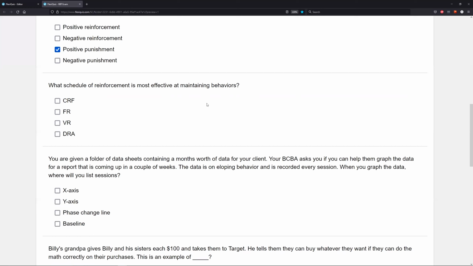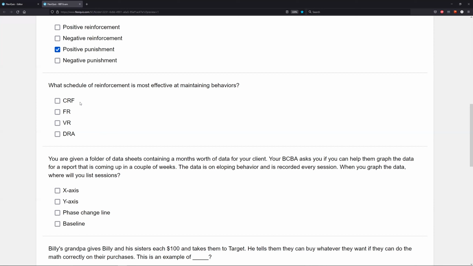So what schedule of reinforcement would we use to maintain behaviors? Would we use CRF? What is CRF? Continuous reinforcement. Continuous reinforcement is an FR1, a fixed ratio 1, meaning every response is reinforced.